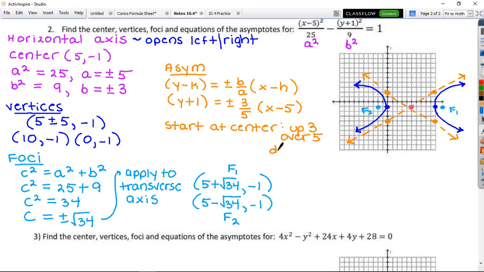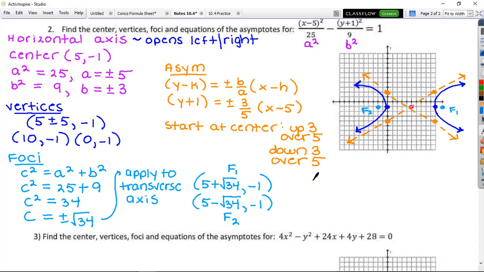So you're going to go down 3 over 5. Did we get everything? I think we did. Center, vertices, foci, and asymptotes. Yeah, you're good. Okay, so again, these do get lengthy.